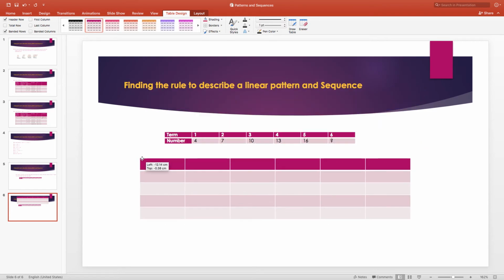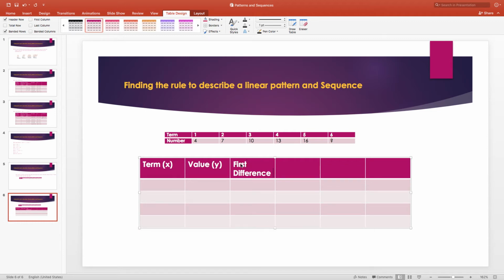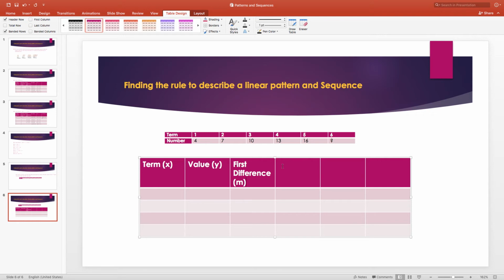This time though, in the first column, I'm going to have term, and that's going to be my x value. I'm going to have value, which will be the y, and then I'm going to have first difference, which is going to be m, then m times x, then plus c.